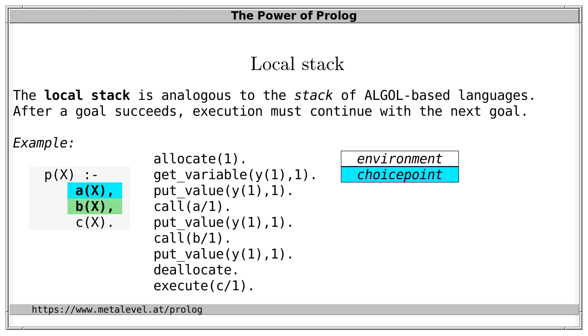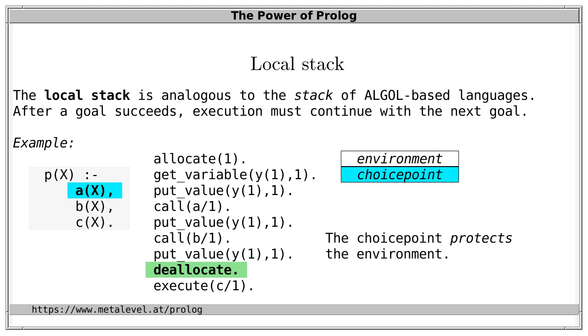So if execution proceeds to the next goal, which may also allocate and deallocate environments, and finally we want to apply tail call optimization as before. That is, we want to deallocate the current environment before the last goal is invoked, then if a choice point remains, then the environment cannot be deallocated.